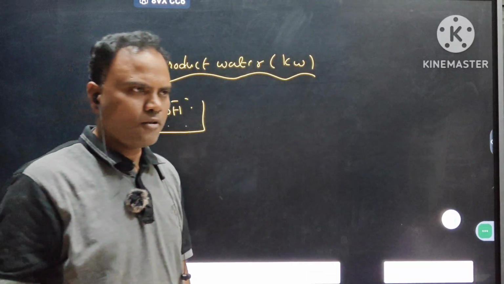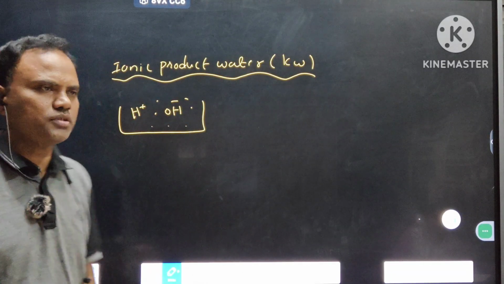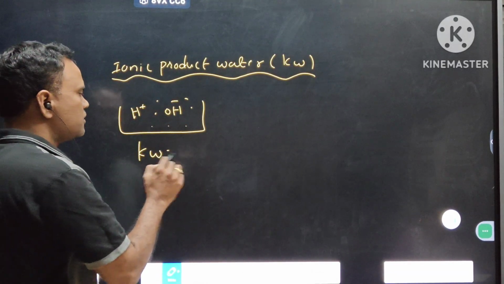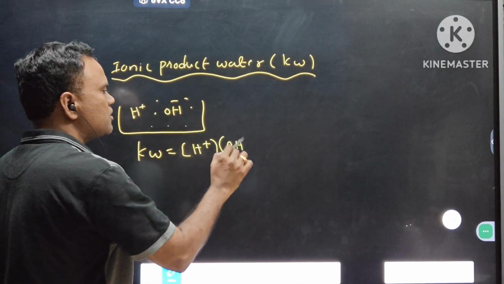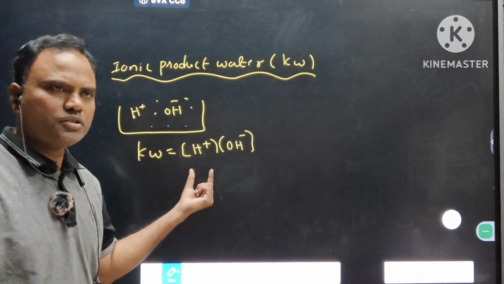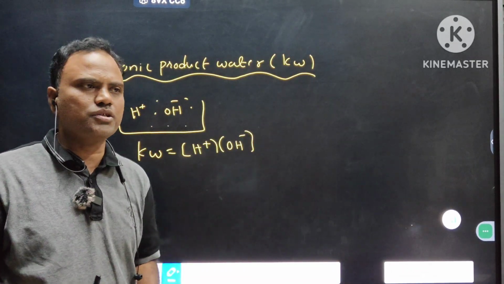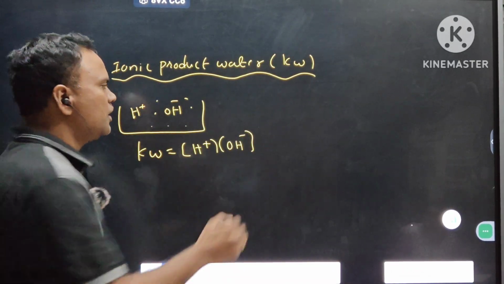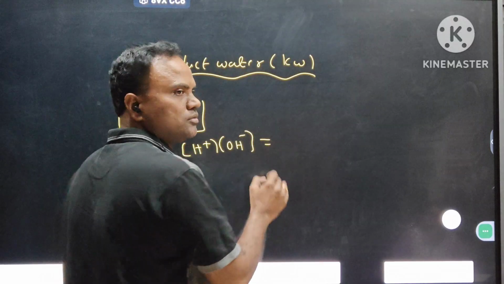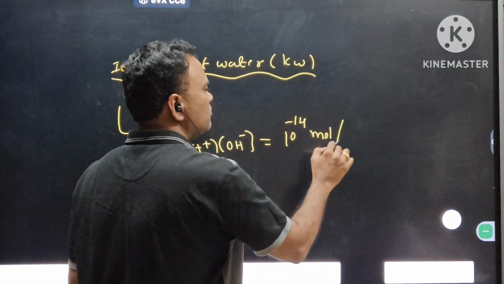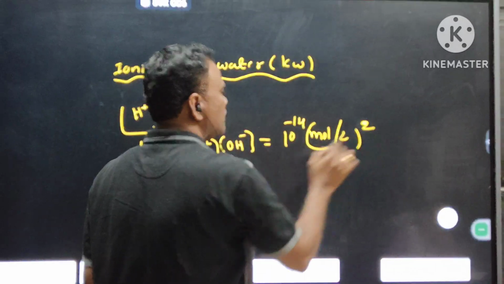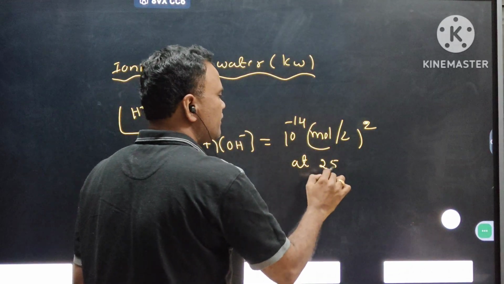In water, H plus and OH minus ions are present. Their product is called the ionic product. Product of H plus concentration and OH minus concentration is called the ionic product of water. And what is its value? 10 to the power of minus 14, units are mole by liter whole square, at 25 degrees centigrade.